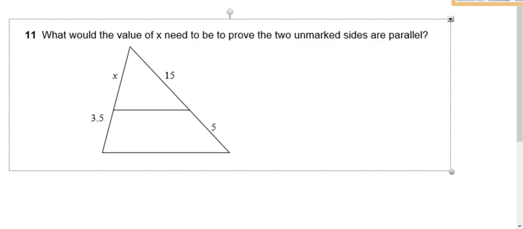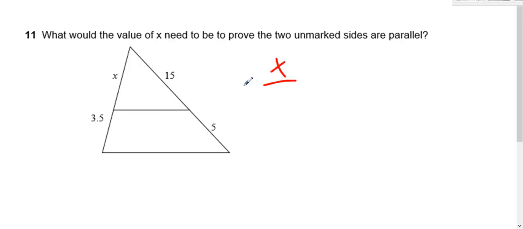The question uses pretty much the same theorem, it's just the converse of it. If these lines are going to be parallel, then the sides have to be proportional. So that means x over 3.5 has to equal 15 over 5.